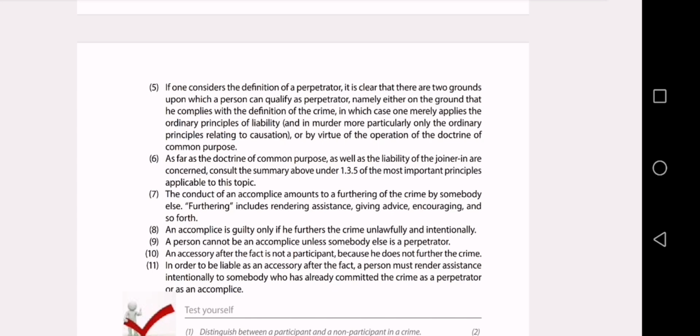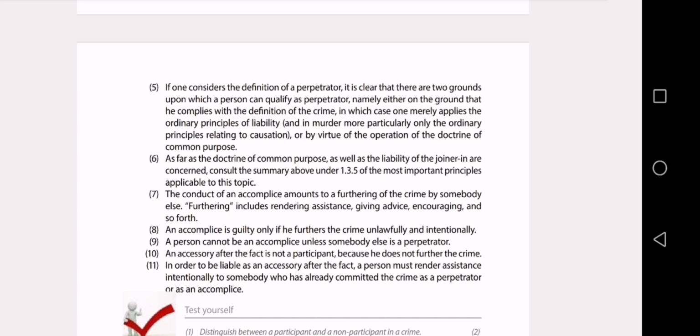As far as the doctrine of common purpose as well as the liability of the joiner is concerned, consult the summary above, 1.3.5, of the most important principles applicable to this topic.